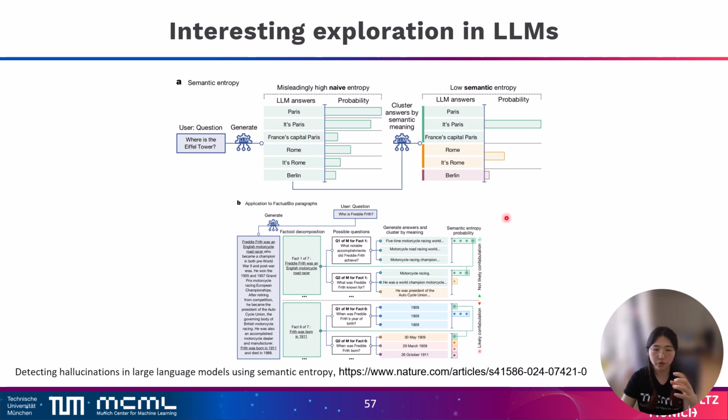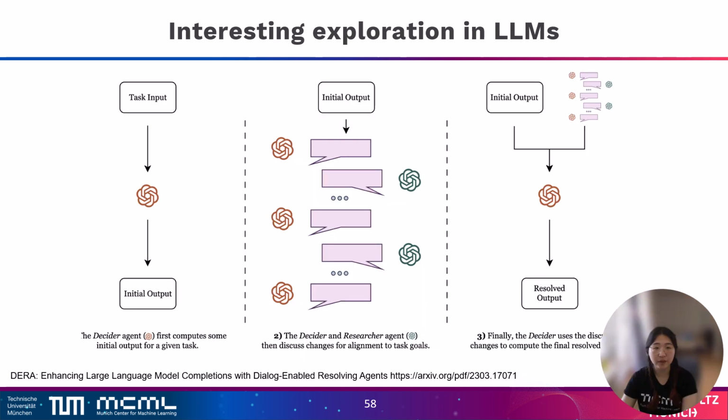So what the model does is propose a semantic entropy to automatically detect the hallucination in the answer. Here, I also recommend you read the paper. I will not go into more detail, and this paper is published in Nature, so I think it's really worth reading. Another paper also uses different kinds of large language models in a collaborating way to reduce hallucination and improve performance.